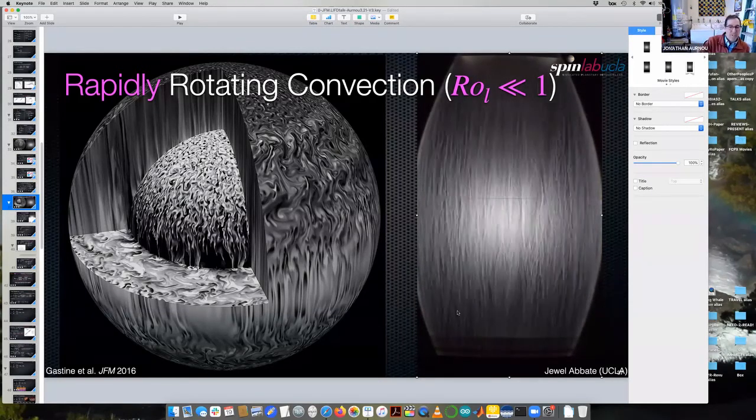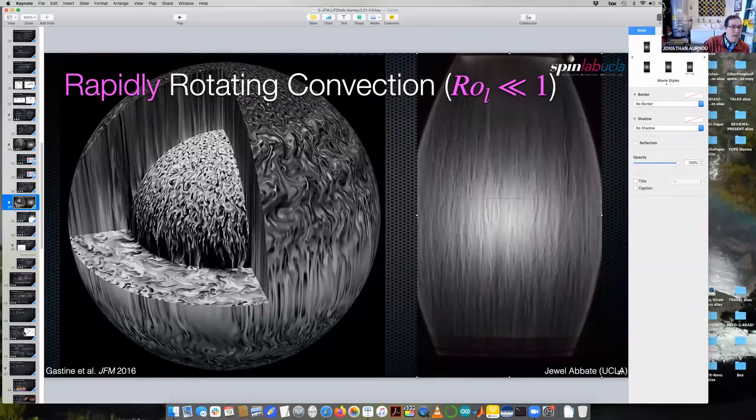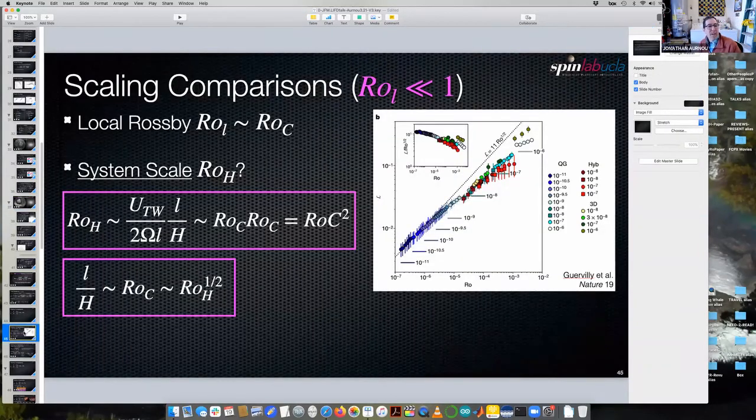If you look at what Celine has done, they've carried out experiments in 3D. Wow, that's impressive. Their 3D experiments go down to 10 to the minus 8 for Ekman. That's rapidly rotating. That's actually starting to approach asymptotically rapidly rotating. That scales into the asymptotic regime in many cases. Maybe it's not yet, but it sure is close.